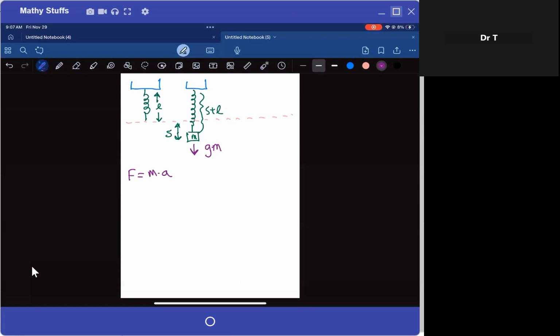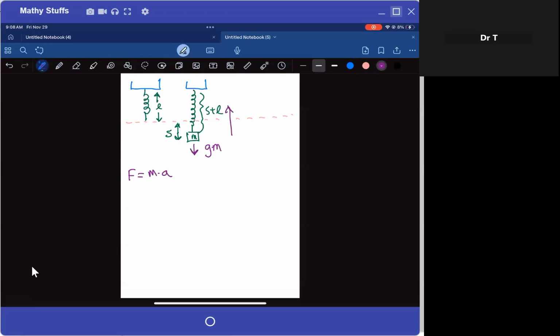It's one of Newton's laws, right? So we have the acceleration of gravity G and the mass M, and that is pulling down, creating this downward force on the mass. And simultaneously, the spring is wanting to restore upward. So I have this upward force on the spring.